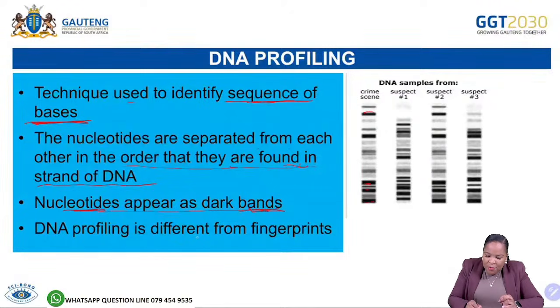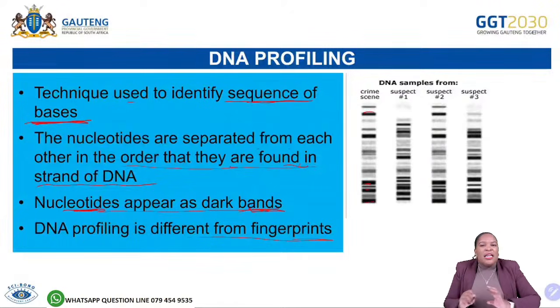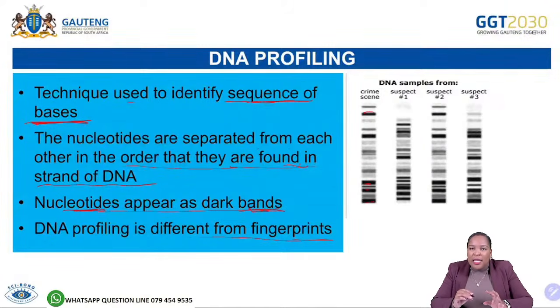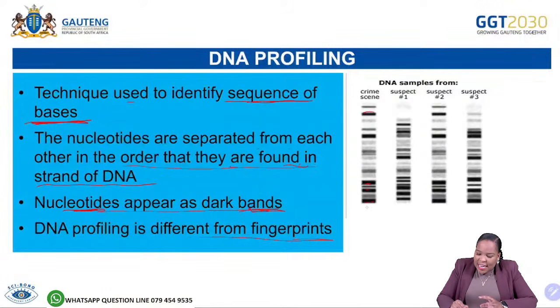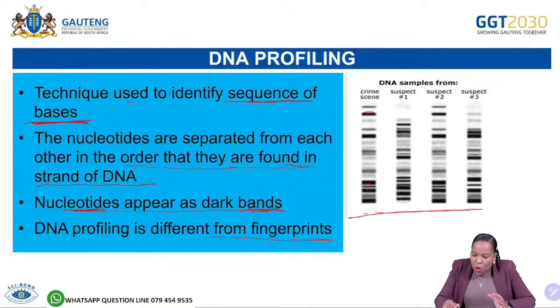And then DNA profiling is different from fingerprints, because here we are dealing with DNA and nucleotides, and it has different types of nucleotides. So what do you do for these types of questions? Like we said in our key points, you need to be able to analyze a DNA profile like this, be able to tell us who is the suspect, solve crime, or tell us what are the uses of this DNA profiling.